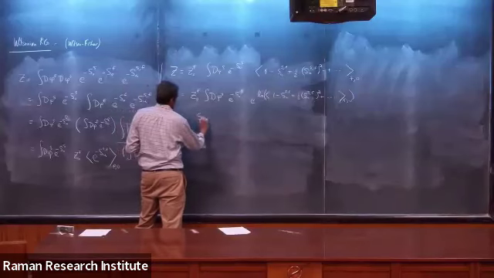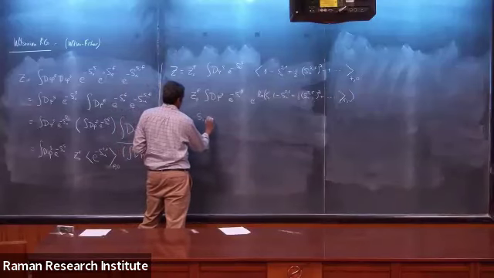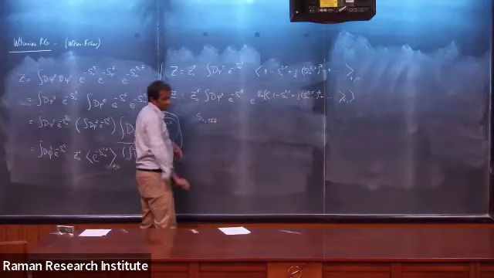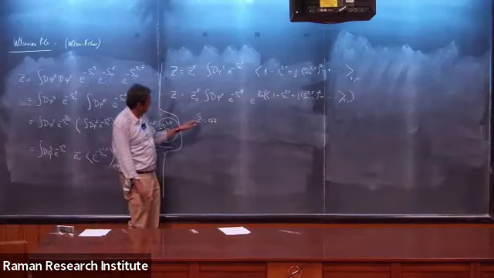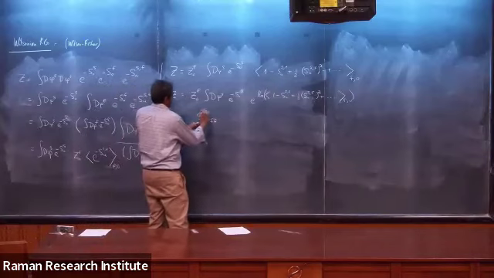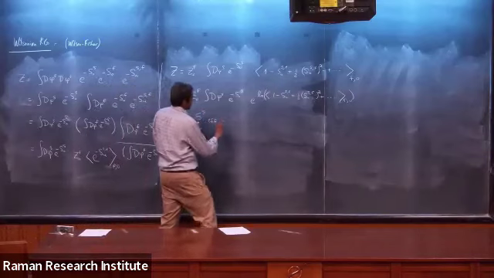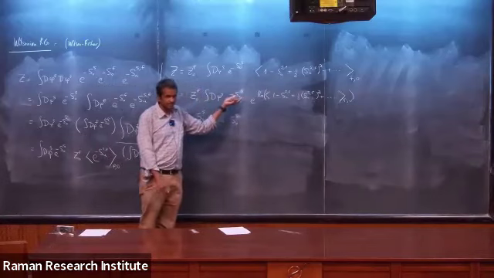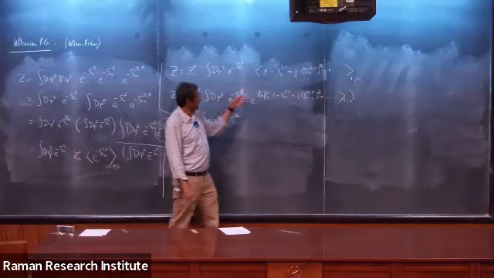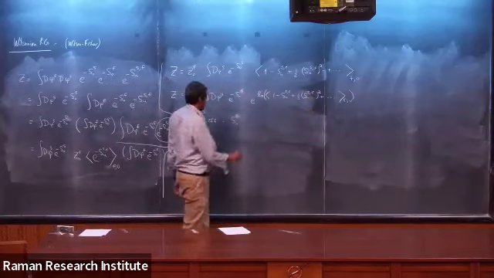So S0 effective, the effective action for the slow fields, is going to be the old action for the slow fields, which is this, minus this entire thing here.